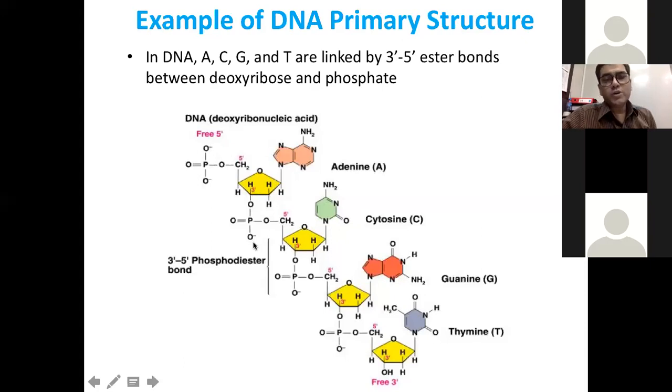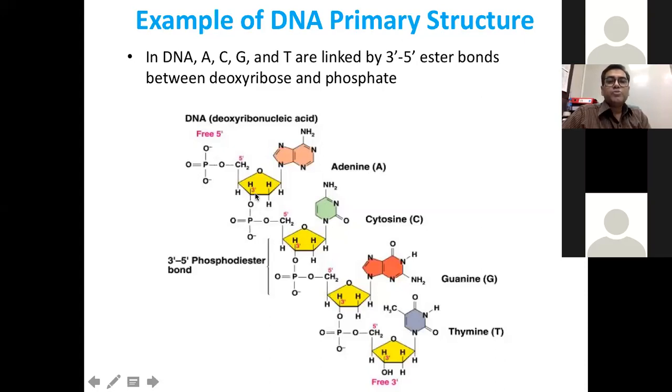And if you notice the direction of this phosphodiester bond, or the location in between the 2 carbons of the pentose sugar where this phosphate bond is formed, it is different from the 5 prime to 3 prime direction. You can notice that this is the phosphate group, and this phosphate group is attached where?